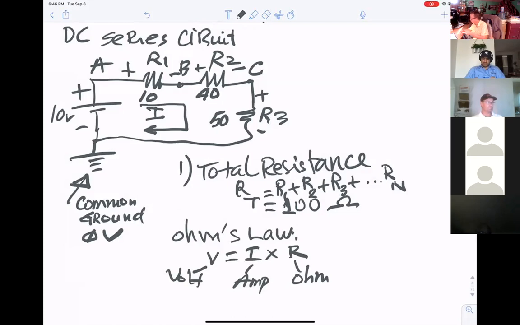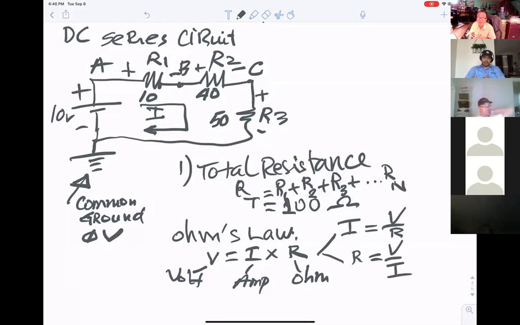From this formula, you can get the other forms. If I want I, then you take V divided by R. Or if I want R, then you take V divided by I. Those three formulas are called Ohm's law.